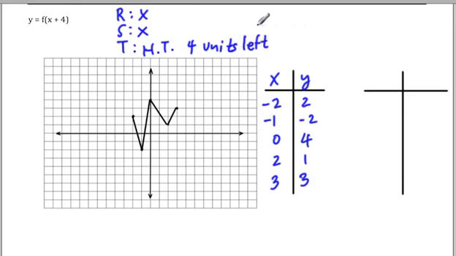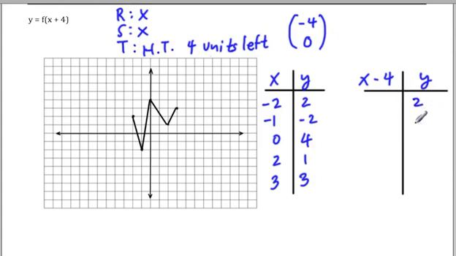4 units left. And basically, the way to write this in vector form, since it's 4 units left, is -4. And since there's no vertical translation, we would just say 0. So this is how to write this in vector form, where all we're doing is moving 4 units left, and we're not moving up at all. So since we're moving 4 units left, this would be x minus 4, and the y stays put, since there's no vertical translation.